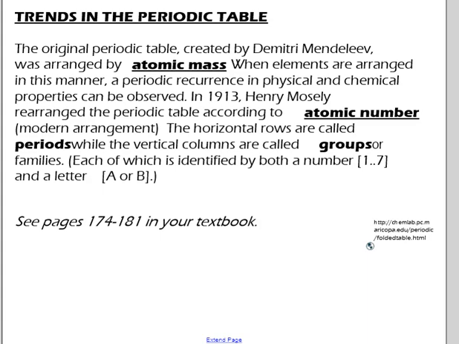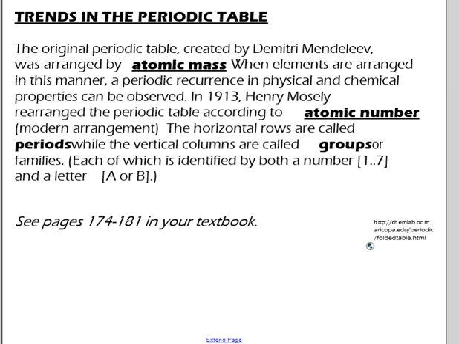So when Mendeleev originally created the periodic table, he arranged things in order of atomic mass. He took a whole pile of cards of all the chemicals that we knew at that time and started rearranging them into groupings that had similar properties. And what he noticed is that once he had those similar properties, they tended to repeat about every seventh element if you put them into rows of 7.